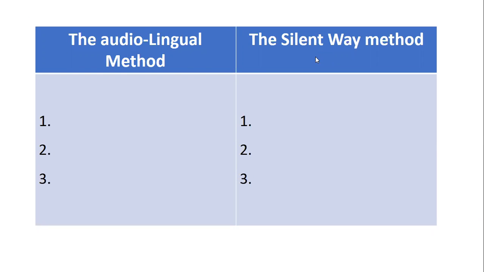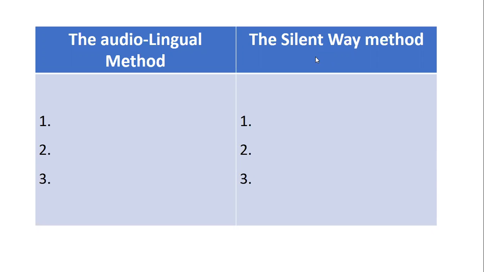Audiolingual is the method that is basically repetition and memorization. The teacher is the active person in the room who says the things, and the student is the passive one who just repeats. There are different techniques, but it depends on the need.